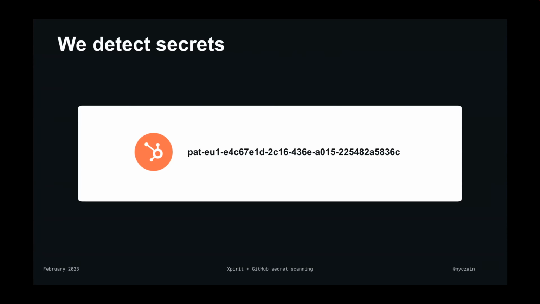Second, what do we do? Well, we detect secrets. We detect a lot of different types of secrets, our own and our partners'. In this example, we're showing a HubSpot secret. We have over 100 different partners signed up to our partner program, including all major cloud providers. And currently, we scan for over 200 different token types.